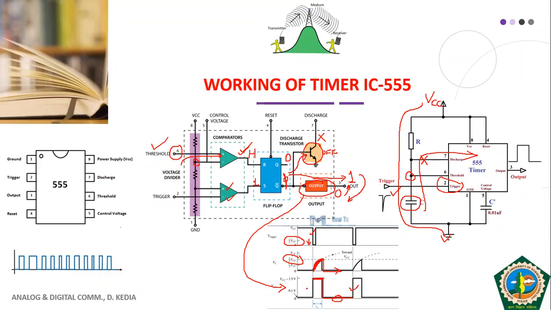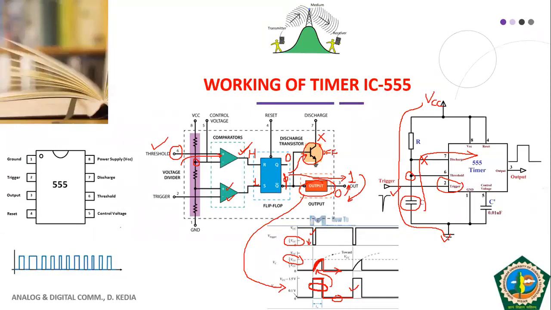Now you can see that the width of the pulse generated at the output depends on the time for which your capacitor is charging. So by varying this capacitor charging time, you can change the width of the pulse.